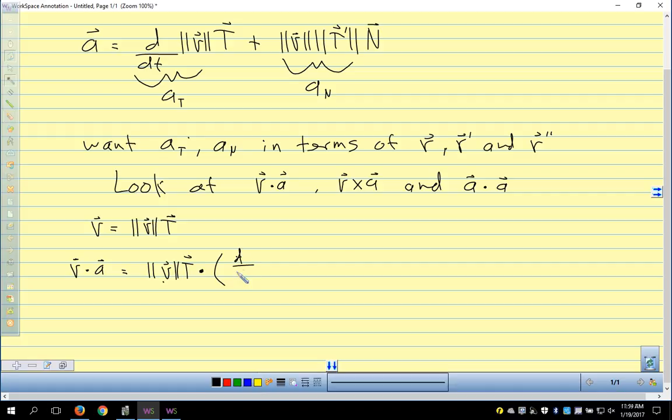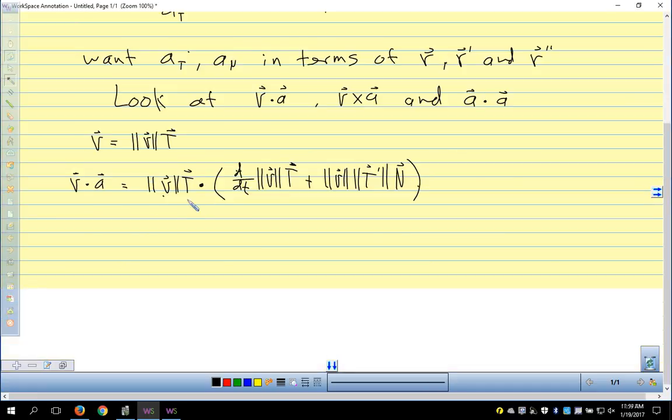The derivative with respect to time of the magnitude of v times our unit tangent vector plus magnitude of v, magnitude of T prime, times our unit normal vector. Now we're going to do this dot product.